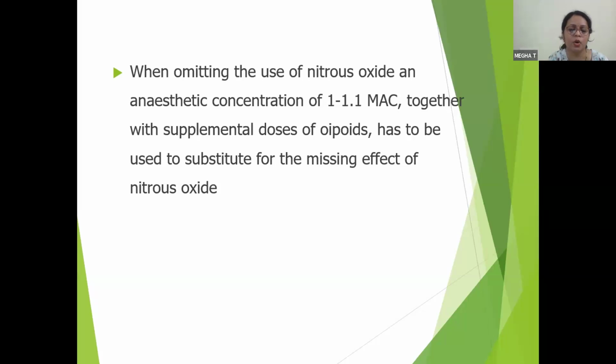So the loss of analgesic effect can be compensated by opioids, and the reduction in the hypnotic effect can be compensated by increasing the concentration of inhalation agent by 0.2 to 0.25 of the MAC value. So this is in the absence of nitrous oxide.